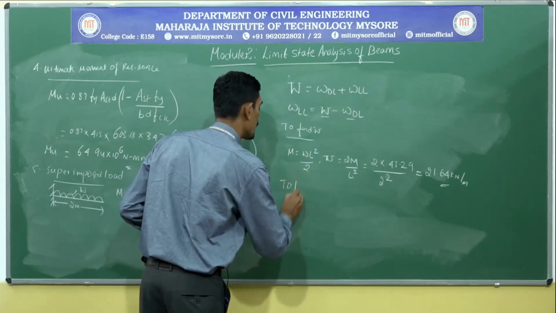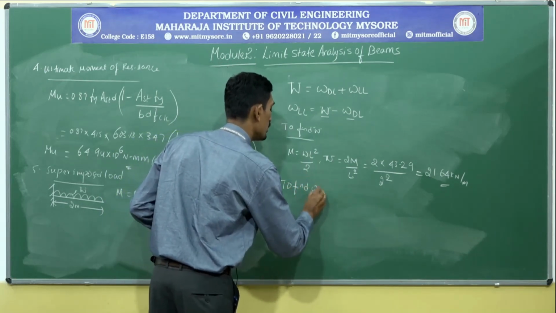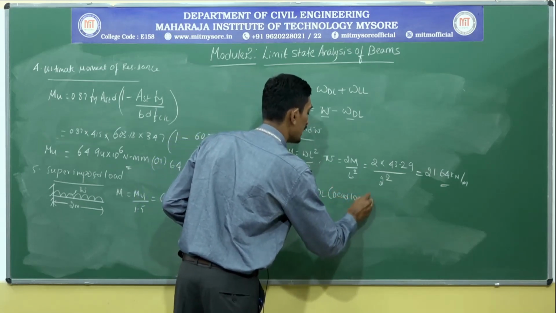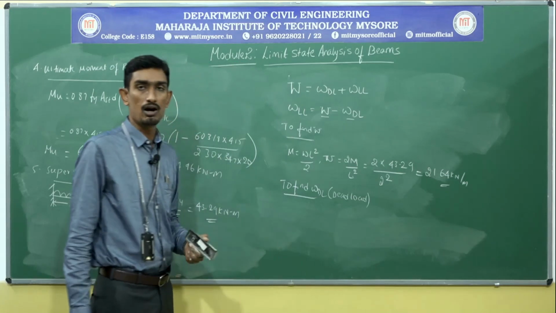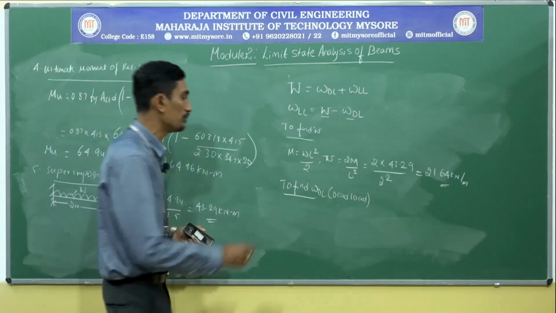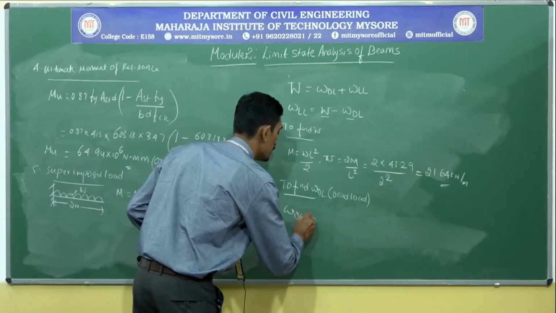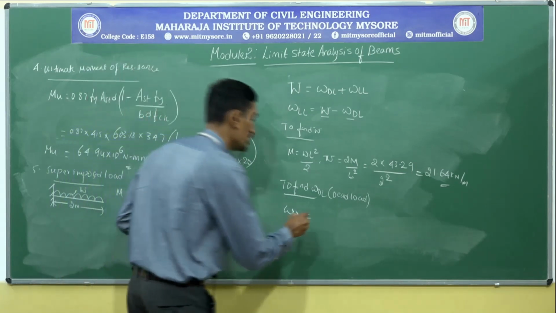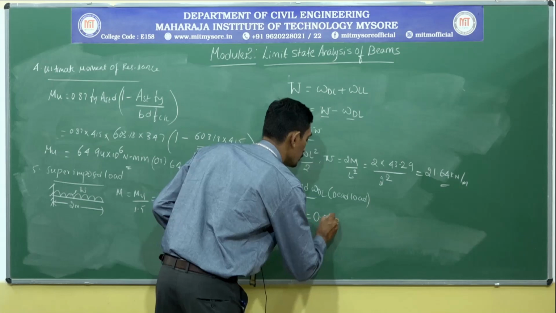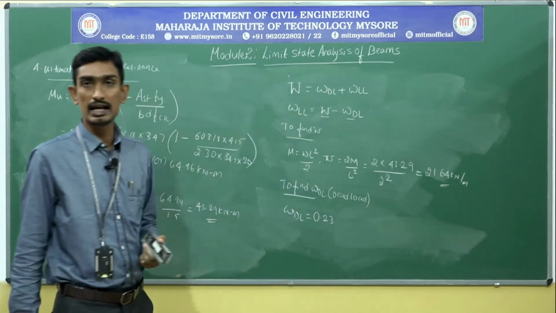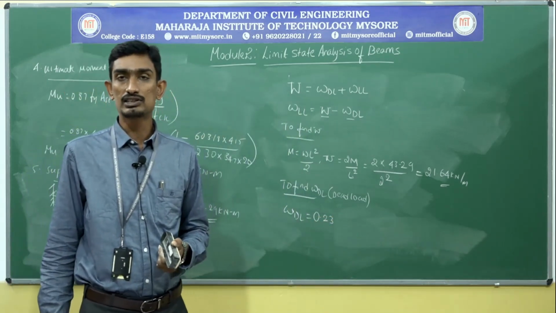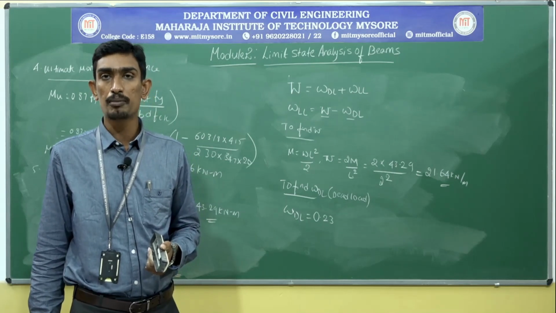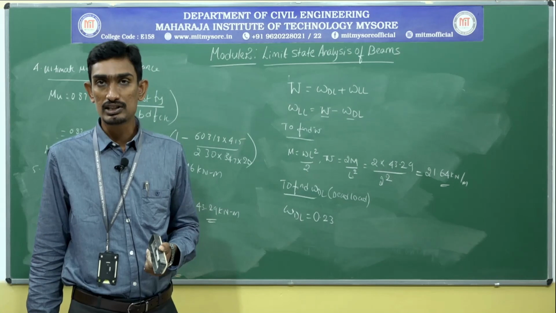Next, how to calculate WDL or dead load? As I stated, the dead load will always act as UDL on the beam. So WDL is equal to 0.23, because I require the answer in kilonewton per meter, so I am going to use the dimensions of the beam in meters itself.